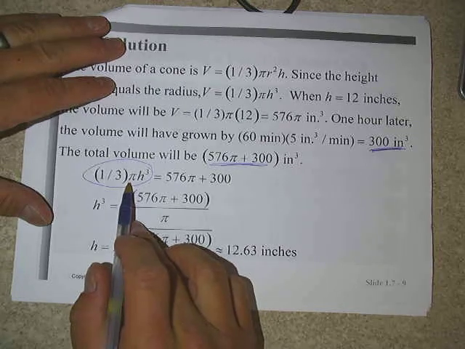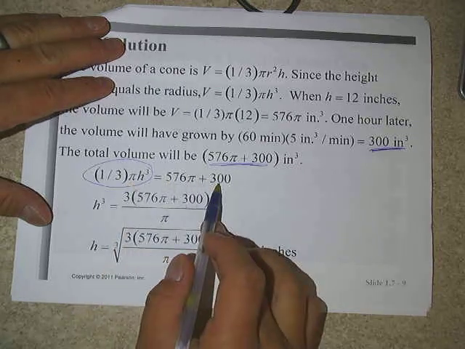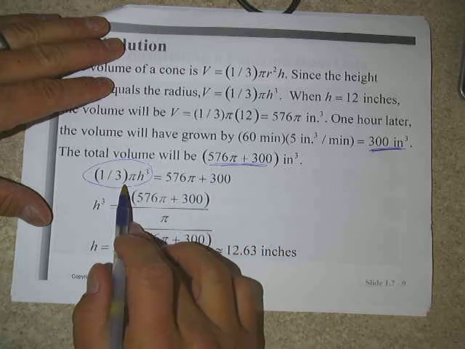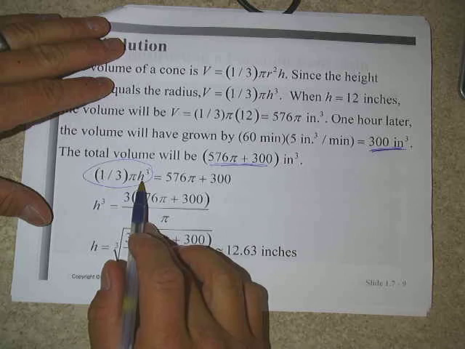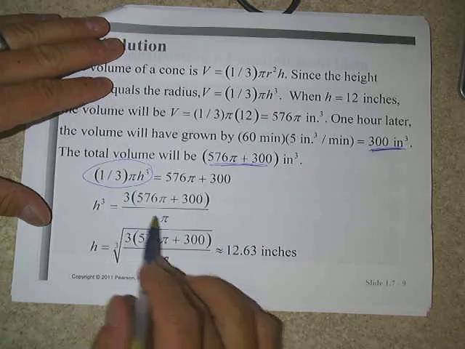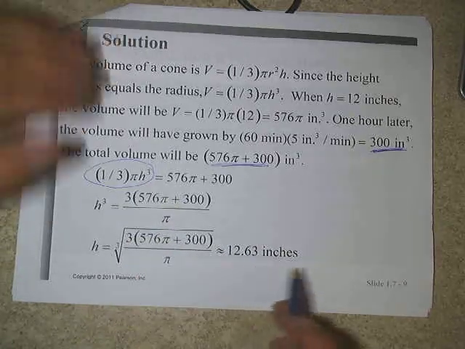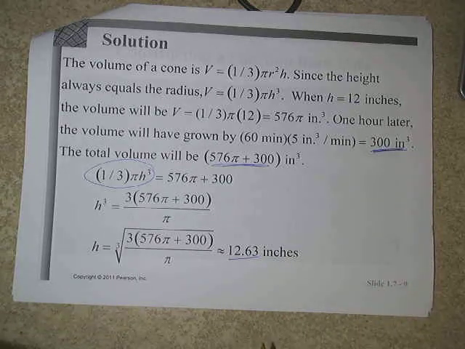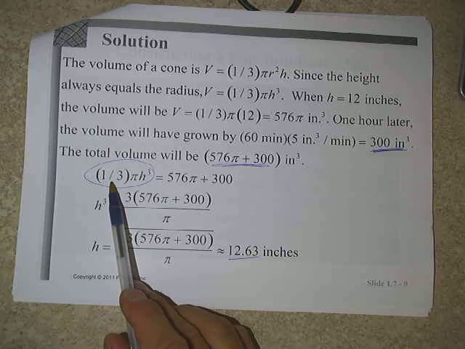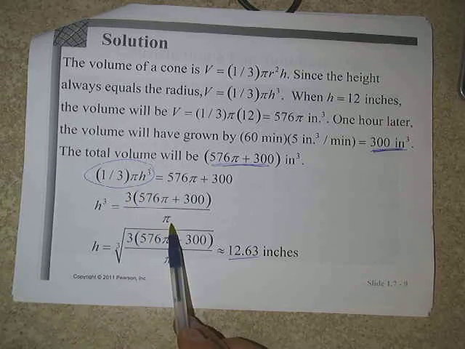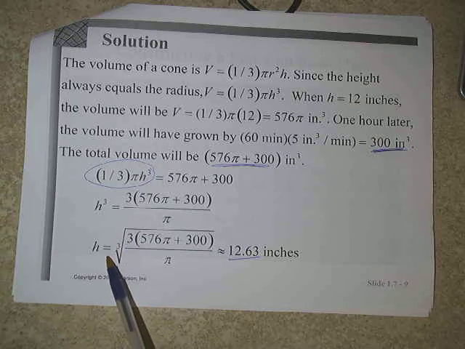All right, and so that means the total volume will be this. It was 576 pi, and now it's 576 pi plus 300. And remember, this is where that other equation comes in that we did, because all we care about is the height. True? So if we have our new volume, and we know the equation that it's equal to, then this is just going to be a matter of solving for h.